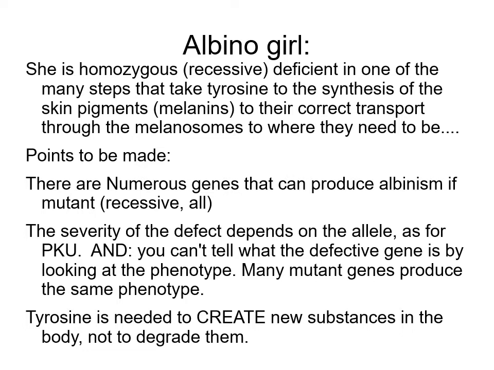The severity of the defect depends on the allele, just like for PKU, where sometimes the protein is somewhat active, but not completely. And you can't tell what the defective gene is by looking at the phenotype, because many different genes produce the same phenotype. So in this example, tyrosine is used to create new substances in the body, not degrade them.